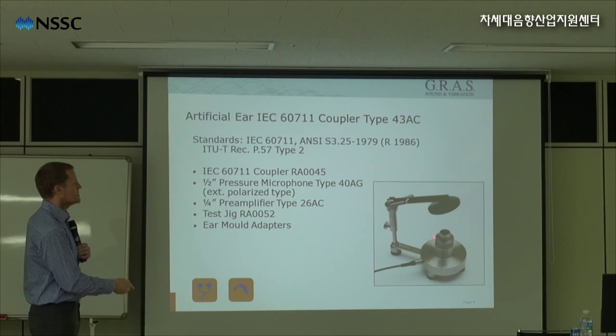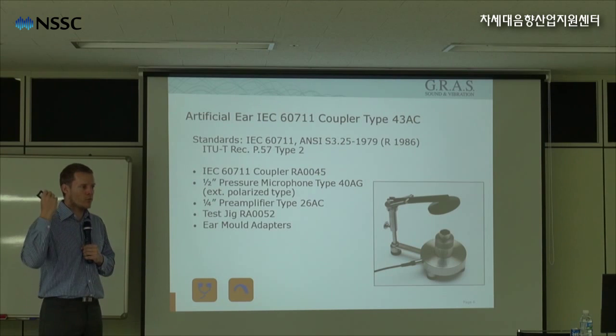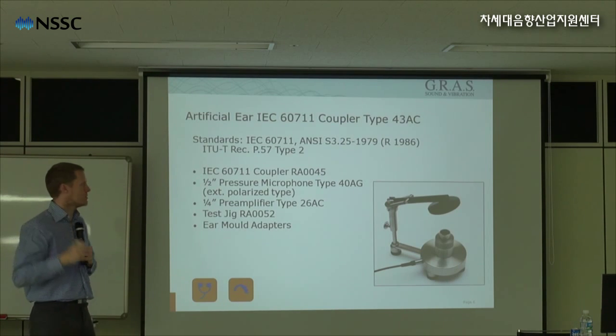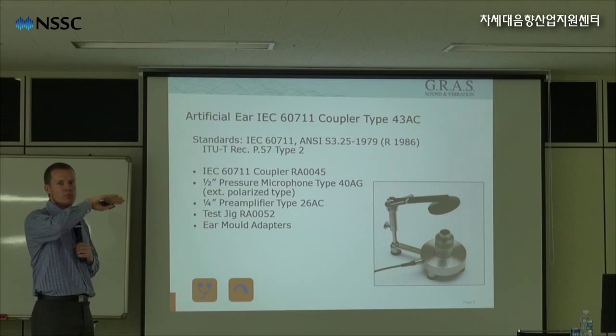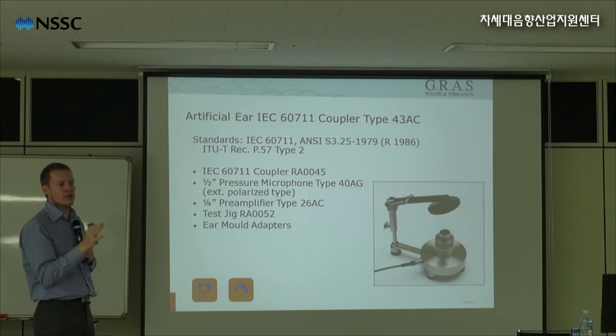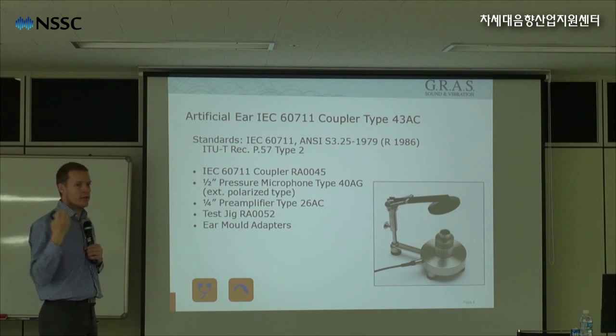So this is the opening of the human ear, and then you have the volume inside, but inside you have all those sub-volumes that make sure that you have the same impedance response over the frequency range of the audible area.